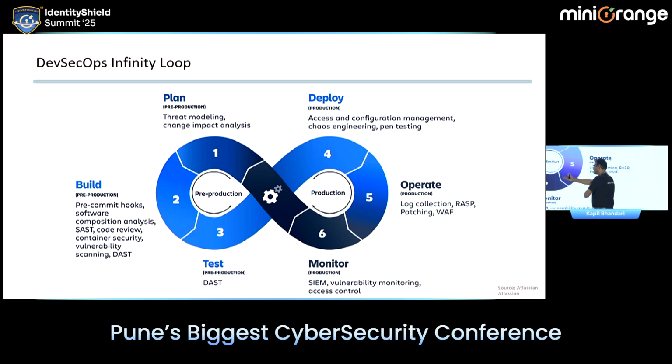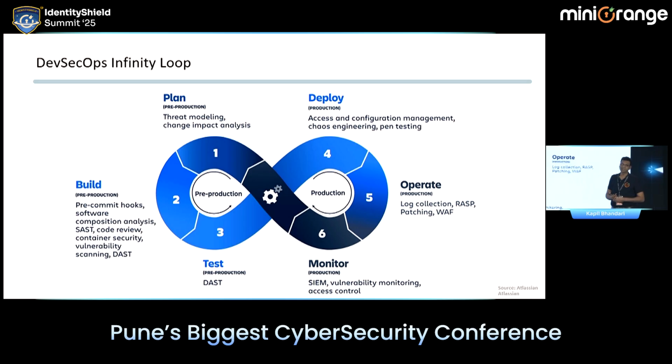So in build, we will be focusing more on the source code, right? Let's say if you have any environment where your pipeline immediately deploys on the test environment, you can also enable the DAST there.